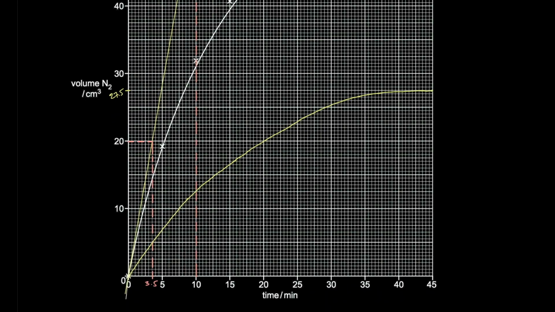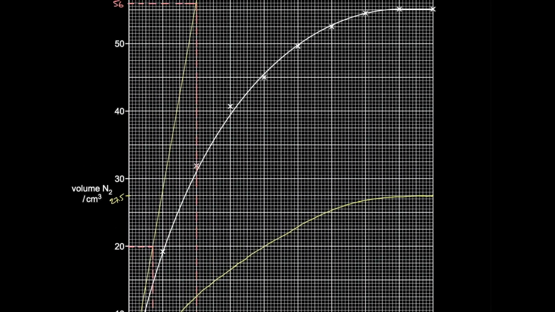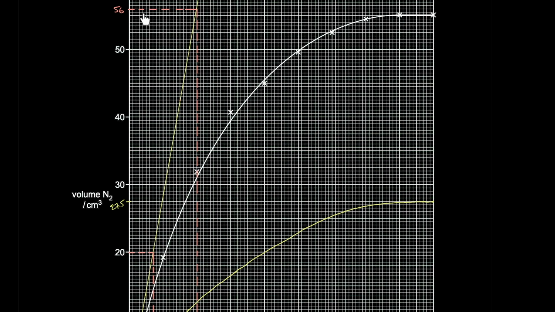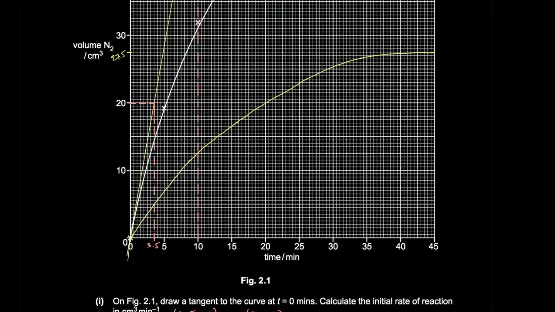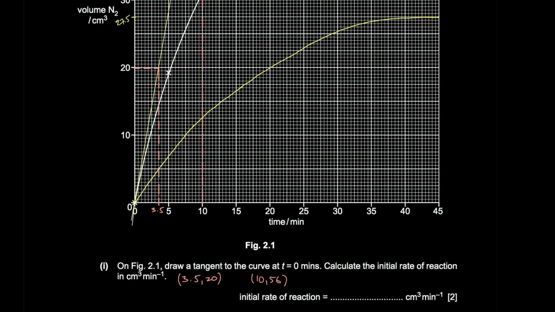I've used the point 10, 56, right here, and I've also used the point 3.5, 20. I want to find the rate in centimeter cube per minute. That'll just be the change in volume on the y-axis over the change in time. So that would be 56 minus 20 divided by 10 minus 3.5.